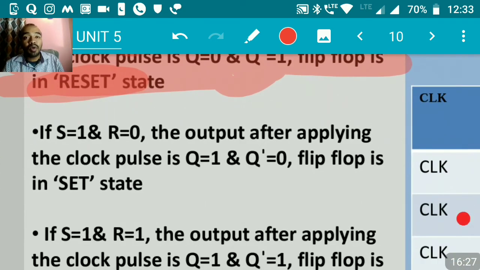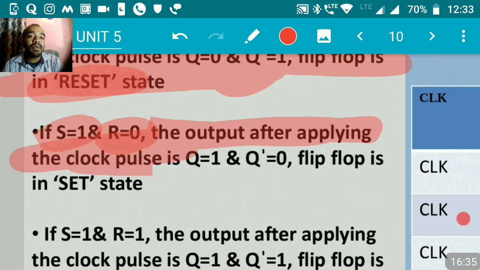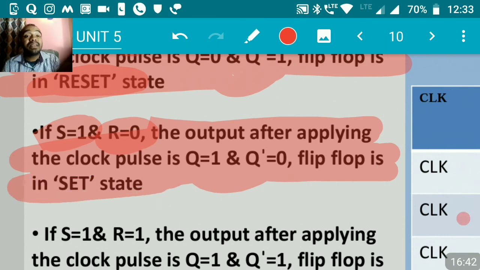Let us go to the next point. If S is equal to 1 and R is equal to 0, the output after applying the clock pulse is Q is equal to 1 and Q bar is equal to 0. The flip-flop is now getting into the set state.